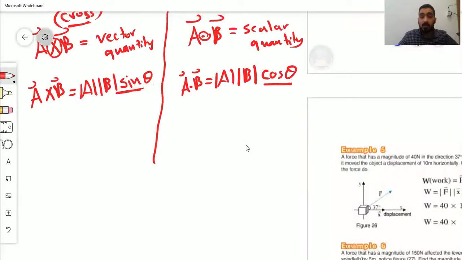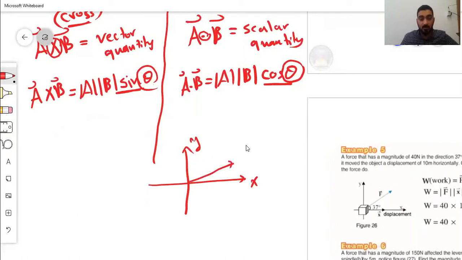Now I will explain what theta means. If we plot the x-axis and y-axis, and suppose here is vector A and here is vector B, theta means the angle made between vector A and vector B. I need to focus on this point: theta is the angle between vector A and vector B, not the angle between vector A and the x-axis, and not the angle between vector B and the x-axis or y-axis.